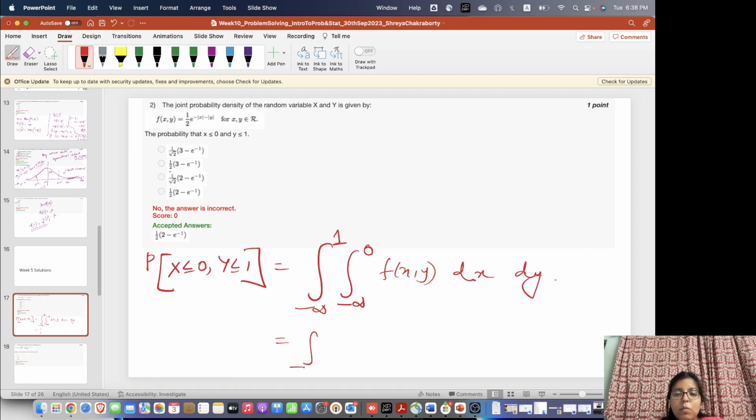So this is the integral from minus infinity to 1, minus infinity to 0, of half e to the power minus mod x minus mod y dx dy.